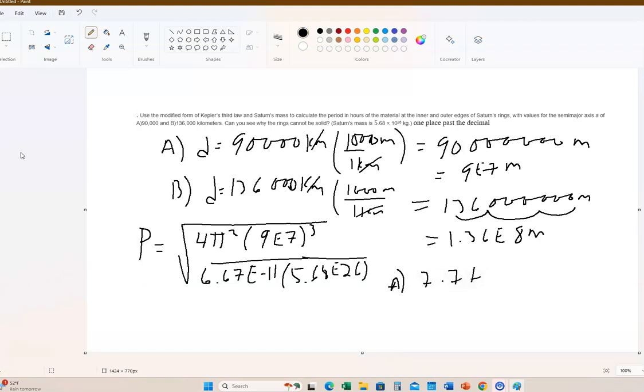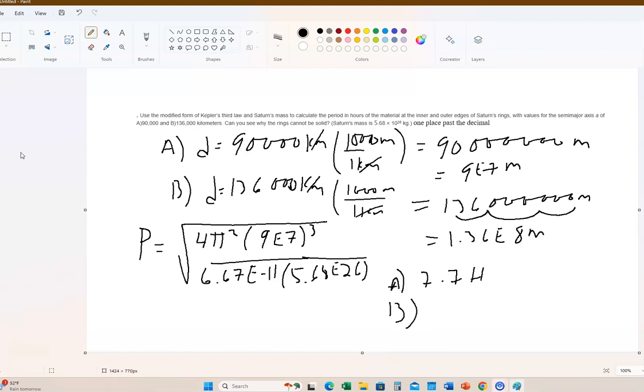7.7 hours. All right, and then for part B, I'll do part B on my calculator, just like I just did. It's just easier to use this calculator. The one on the computer is not the best, to say the least. So 4 pi squared times, all right, so it was 1.36, is that right? 1.36 times 10 to the, what would it be?